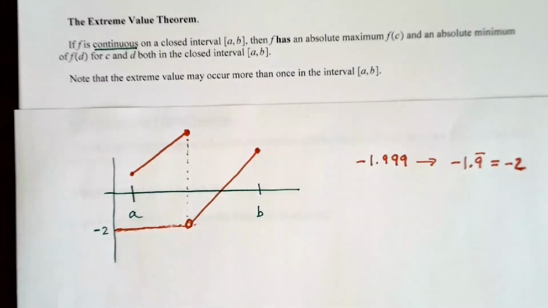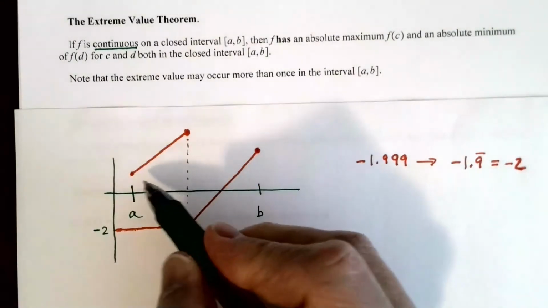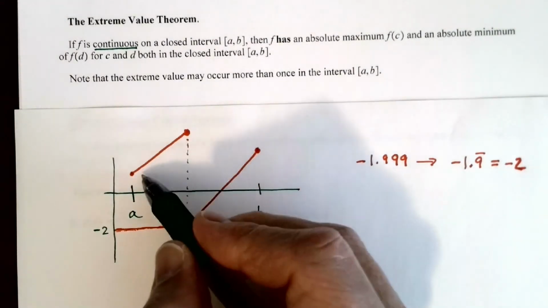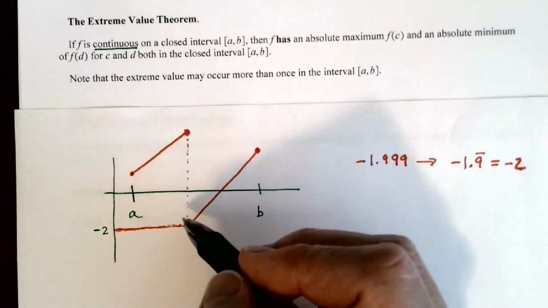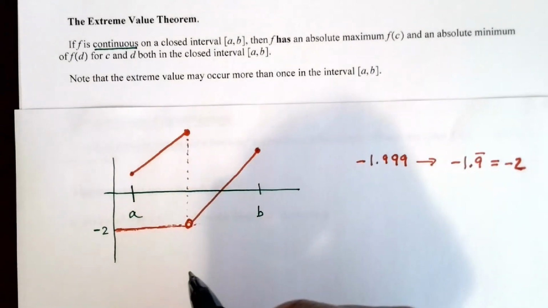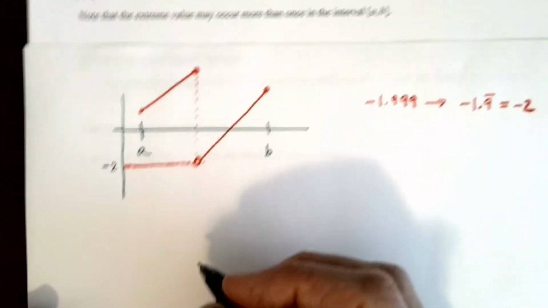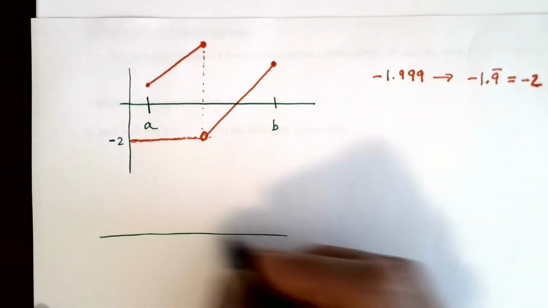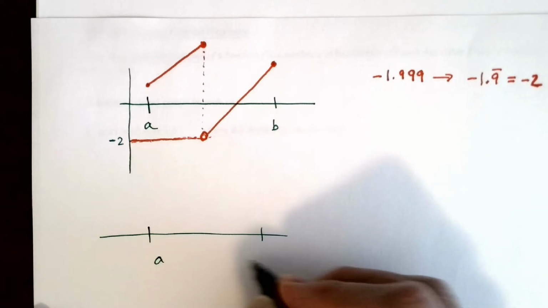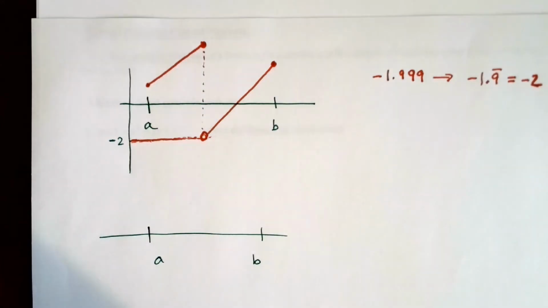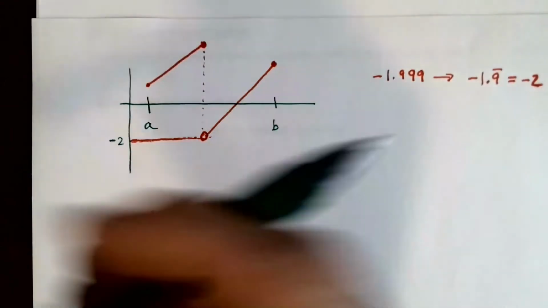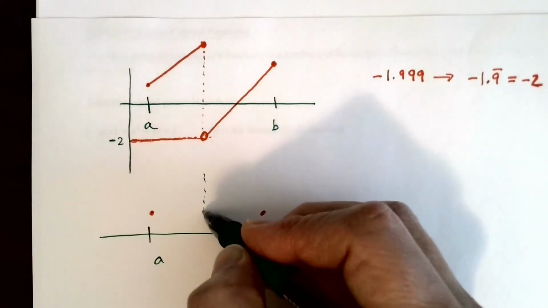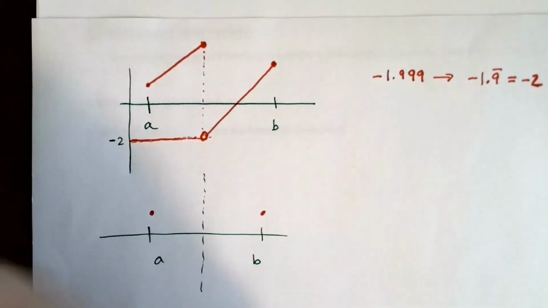Another way we could have drawn it is we could have had a vertical asymptote, where I was approaching infinity from both sides at some vertical asymptote here, and clearly that function would not have a local max or min. Let's just draw that. So, for instance, there's another way I could have a function on the interval from A to B that is not continuous.